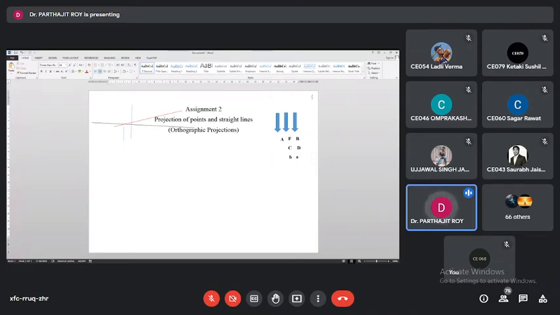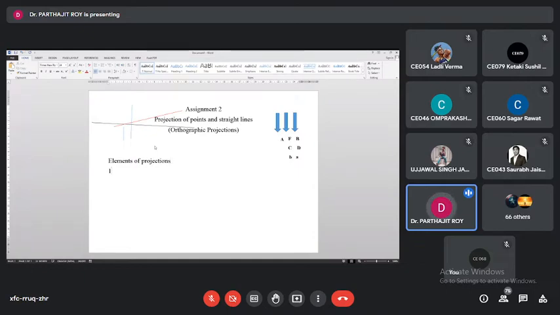Now let us see what the elements of projection are.